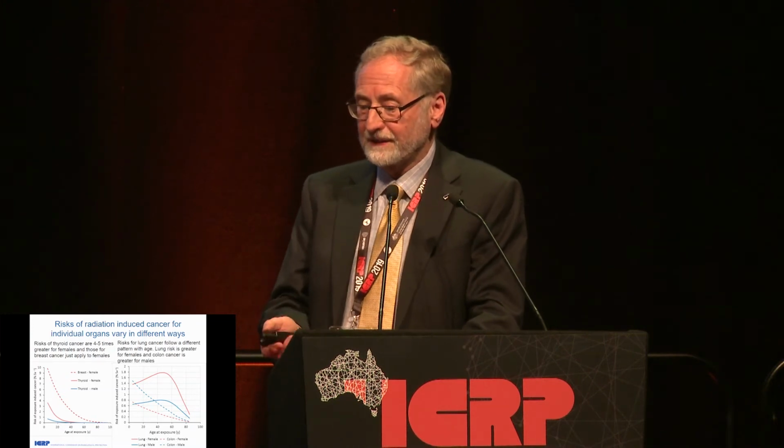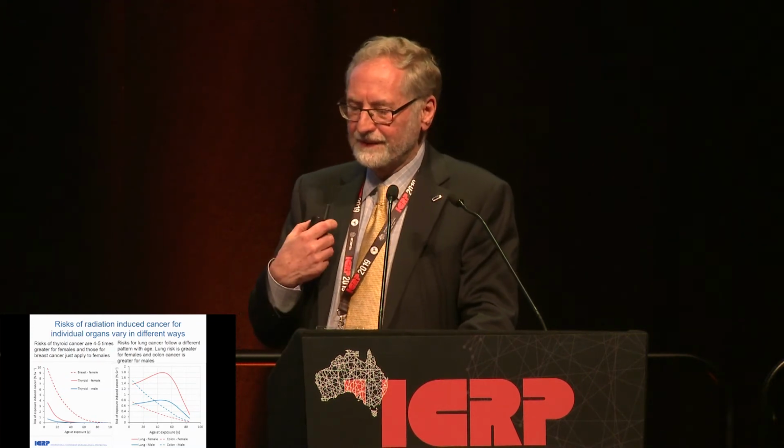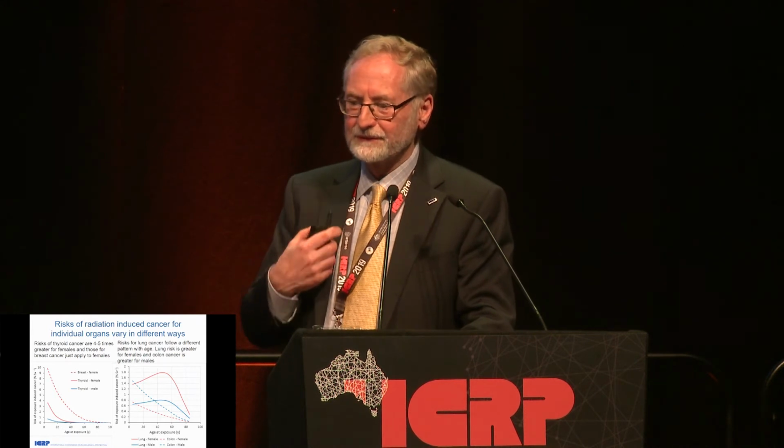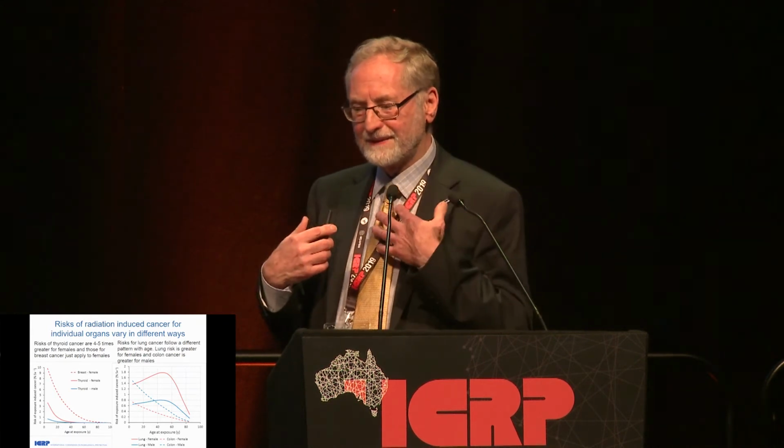For thyroid cancer, the risk for females is greater, but also by the age of 40, the risk for males is quite low. So for thyroids, it's more important to protect the female members of the interventional team, for them to wear the thyroid collar, even though the doses are much lower.